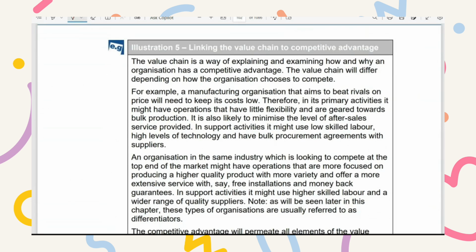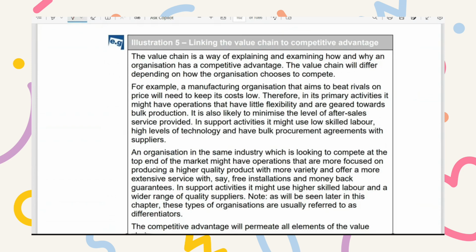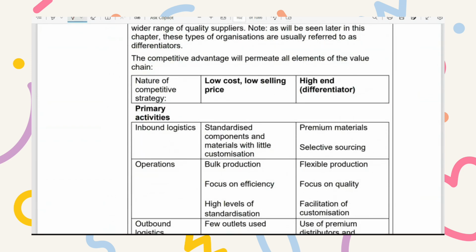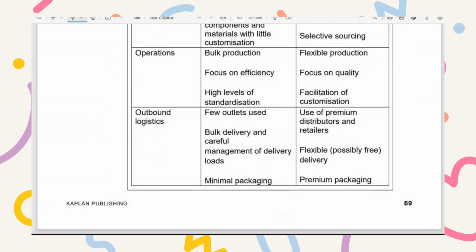The keynote: in the exam situation, you might use Porter's value chain analysis to decide how individual activities might be changed to reduce cost of operation or to improve the value of what the organization is offering.